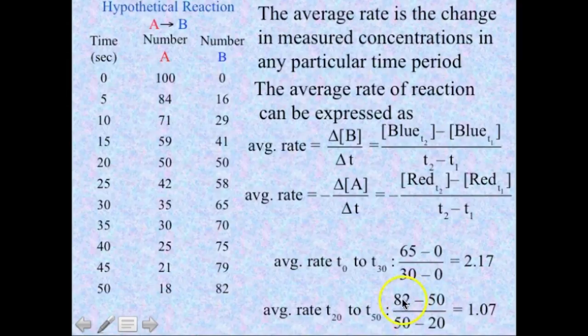So working that out, that would be 82 minus 50 divided by 50 minus 20. And that is an average rate of 1.07. Now what you should do is do the same kind of calculation, only focusing on the reagent A and the rate of disappearance of A, and see if you get the same numbers.